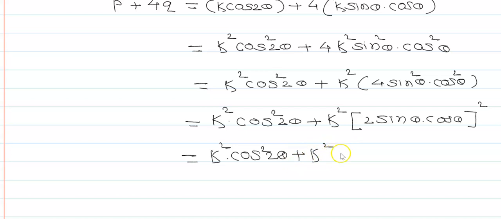Okay, 2 sin theta into cos theta, this is nothing but sin of 2 theta, in bracket square.